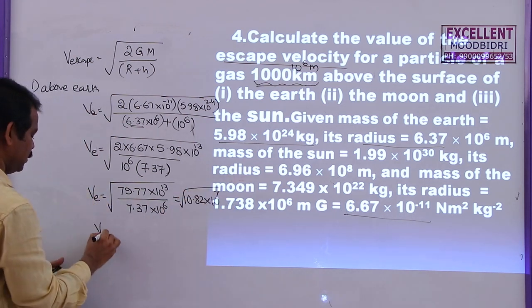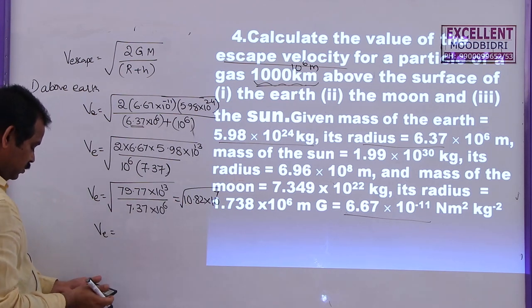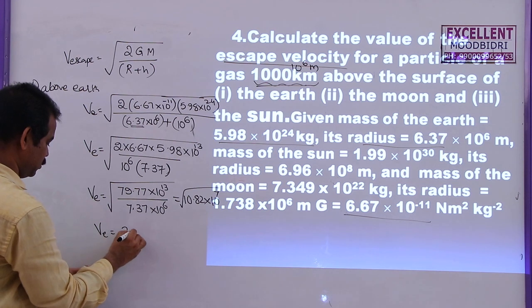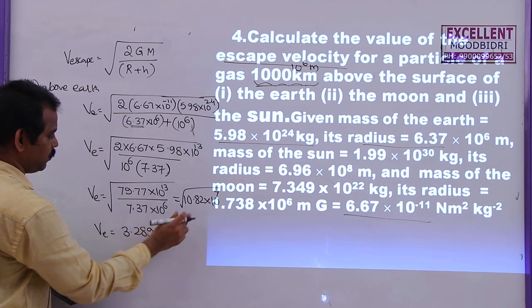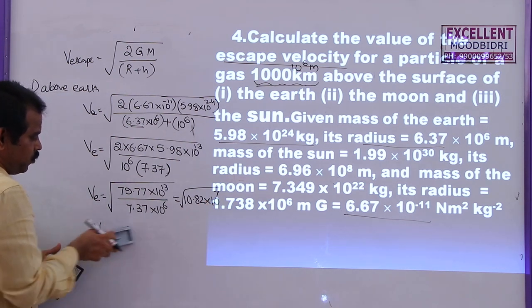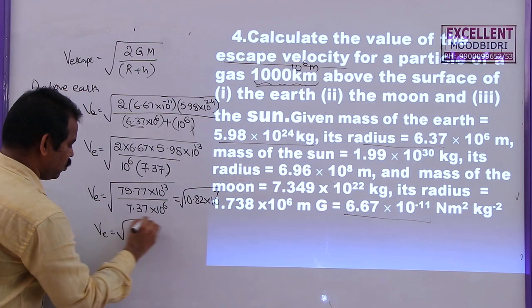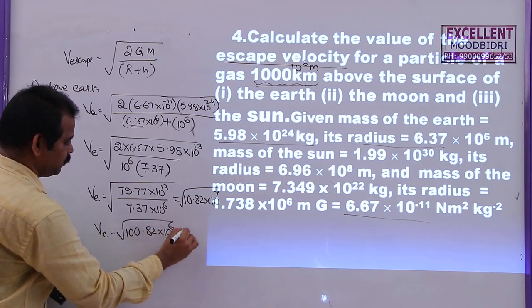So this escape velocity is given by root over 10.82 into 10 power 7. So what I am going to write is root over 100.82 into 10 power 6.